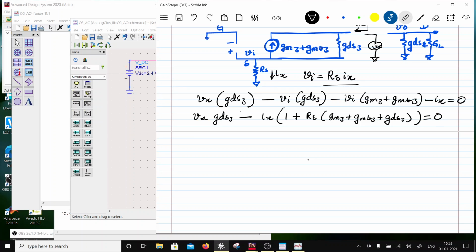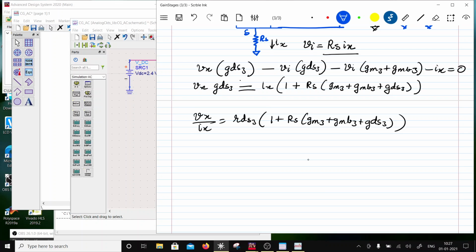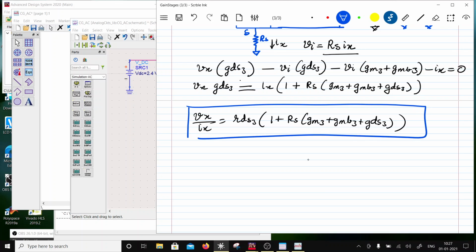Now I can move this term to the right hand side, so I'll be left with Vx by Ix, and I'll multiply both sides with RDS3 times 1 plus Rs times Gm3 plus Gmb3 plus GDS3. So this is going to be my output impedance RO dash.